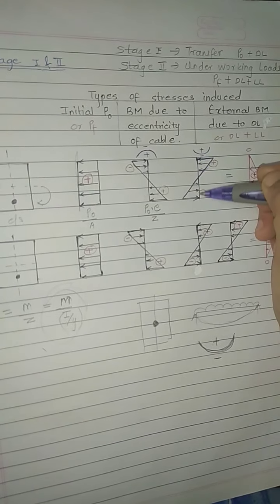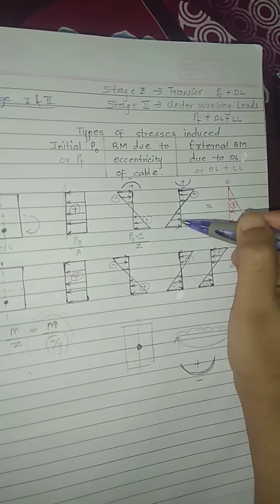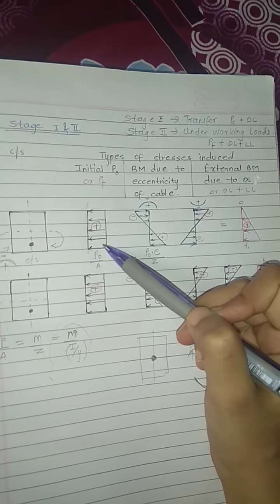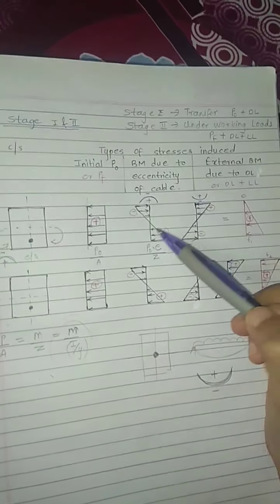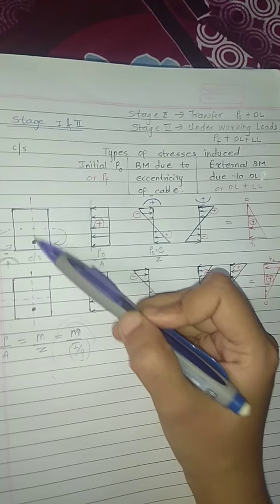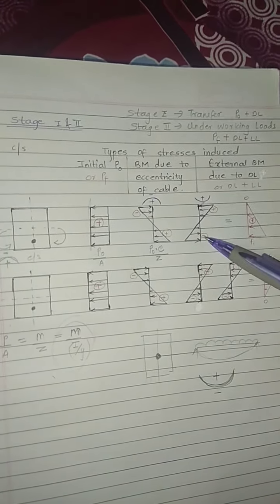So for this section, stress at top is positive and stress at bottom is negative. So done. Stage 1 analysis is done. First due to initial pre-stressing force, then due to eccentricity because the cable is below the neutral axis, it is not concentric, and then due to dead load.